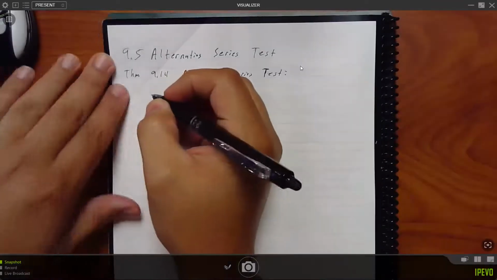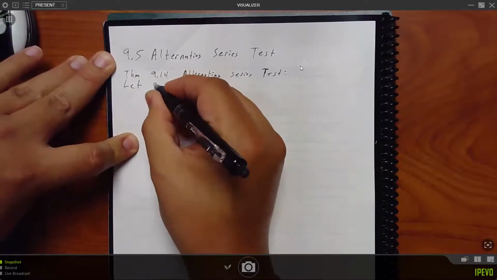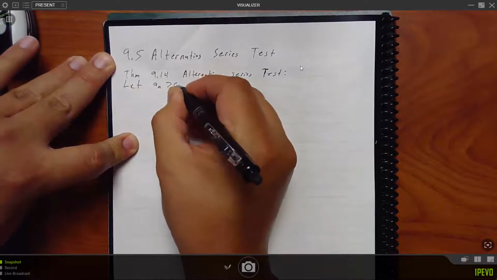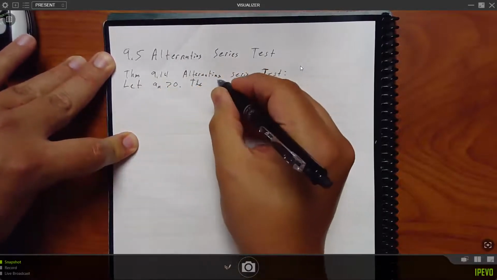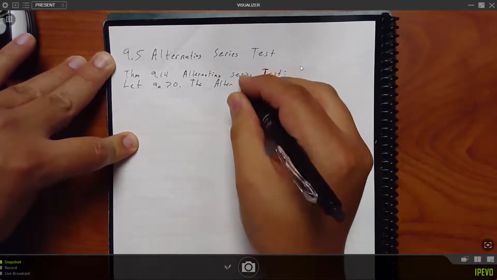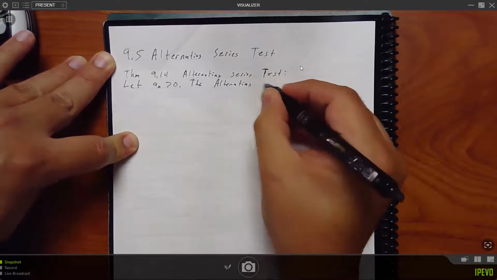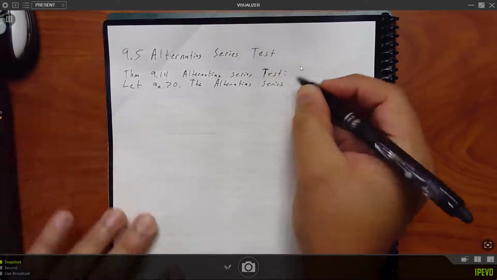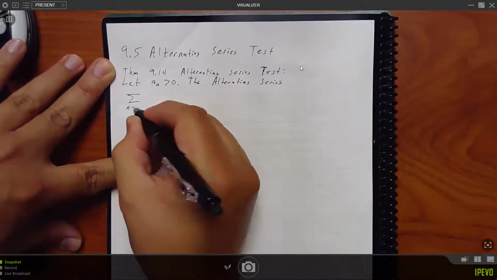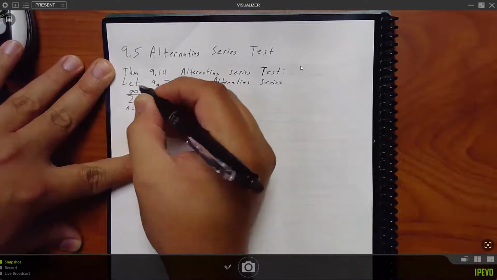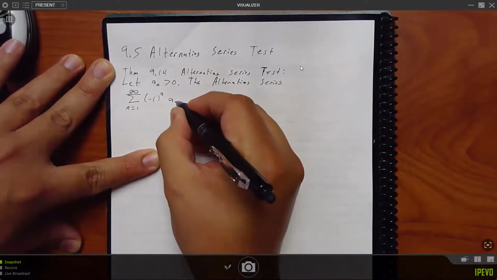So let a sub n, the sequence a sub n, be greater than 0. The alternating series, n goes from 1 to infinity, has a (-1)^n times a sub n.